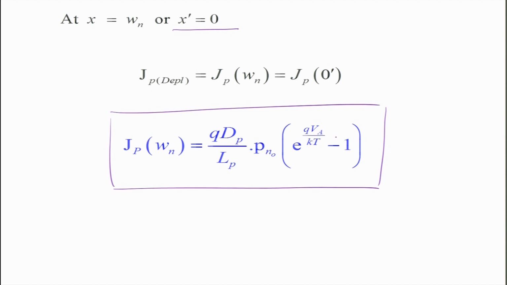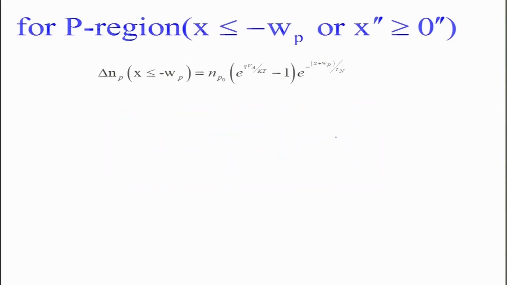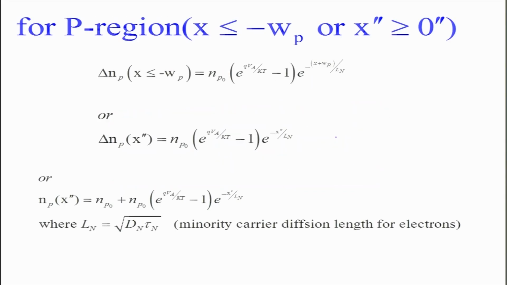If you do the same analysis, you can get the electron current as well. I am not going to go through that, but if you do the same thing, you get an expression for the hole current. So this is what the whole analysis is. You can look at these slides later on because they will be available. Basically, you are doing it for the region x double prime greater than 0, that is, in the bulk region of the p side, which means x smaller than or equal to minus Wp.